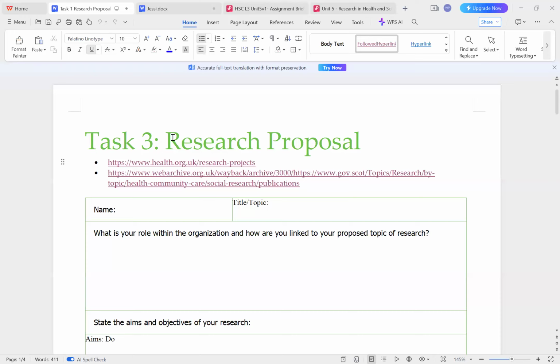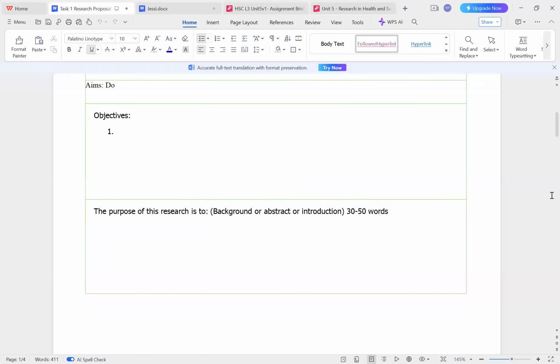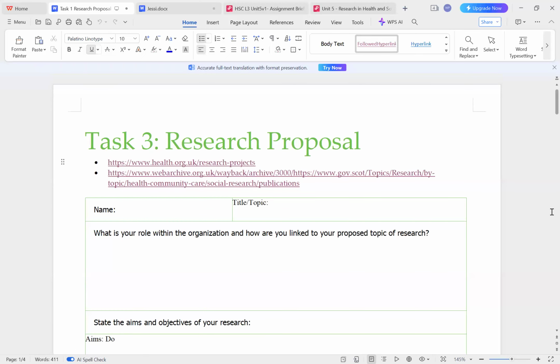Write the title. If you've done it already, just ignore that. State if you're doing primary research or secondary research, you have to mention that. How would this research support you or your organization?